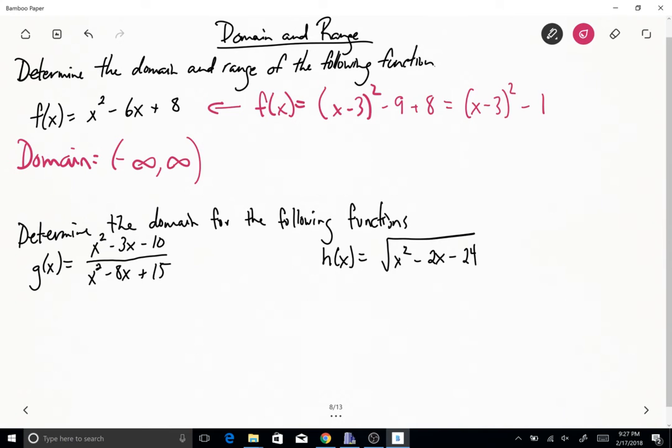From the graph, we go 3, we go minus 1, and that's our vertex, and then we can go from there. Now notice I'm getting kind of lazy in how I draw it. I knew it was upward facing because I see no negative symbols out in front of the square.